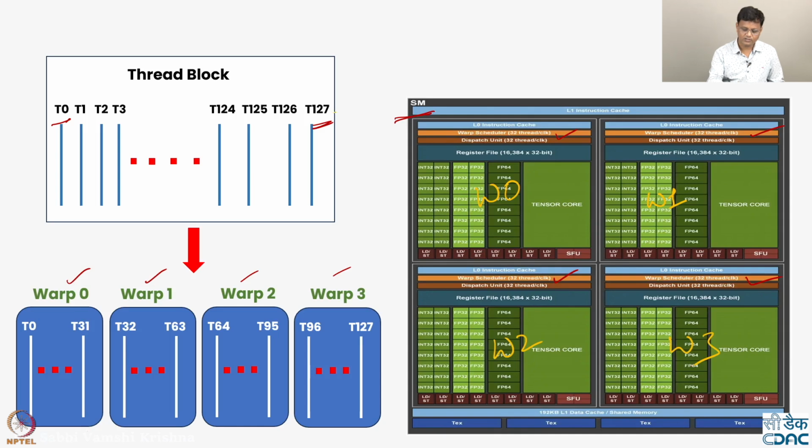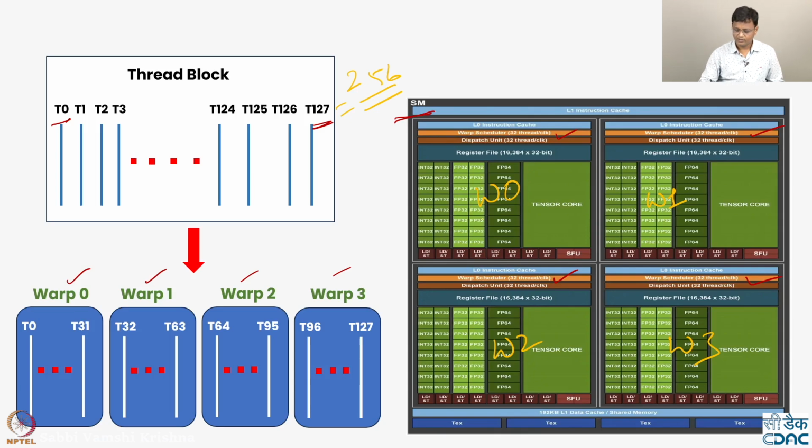If I double this number of threads to 256, if I want to launch 256 threads per block, then there will be a total of 8 warps.